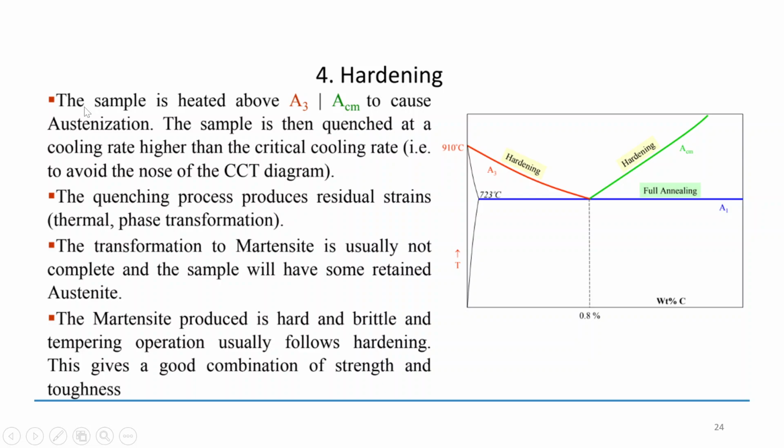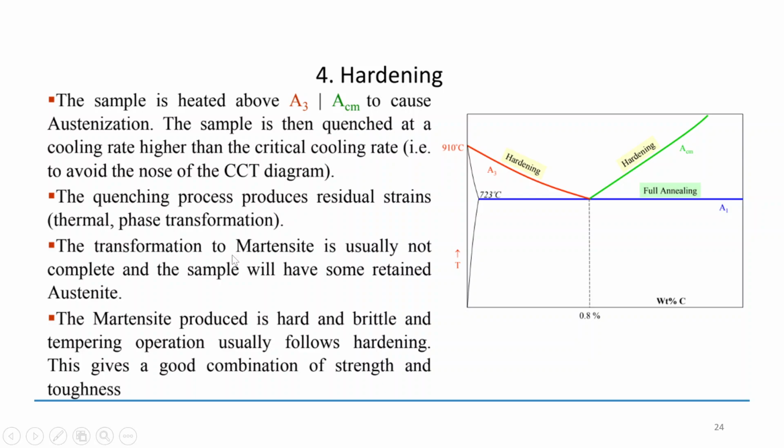Then we have hardening. In this case, the sample is heated above A3 or ACM to cause austenitization. The sample is then quenched at a cooling rate which is higher than the critical cooling rate to avoid the nose of the CCT diagram. The quenching process produces residual strains, thermal and phase transformation.